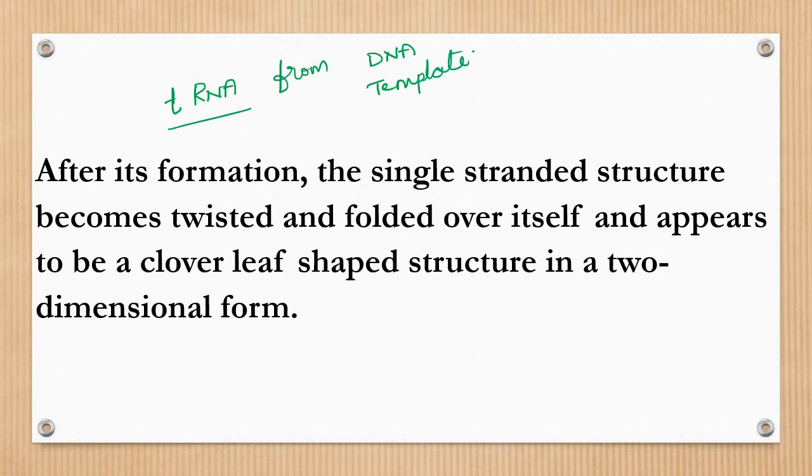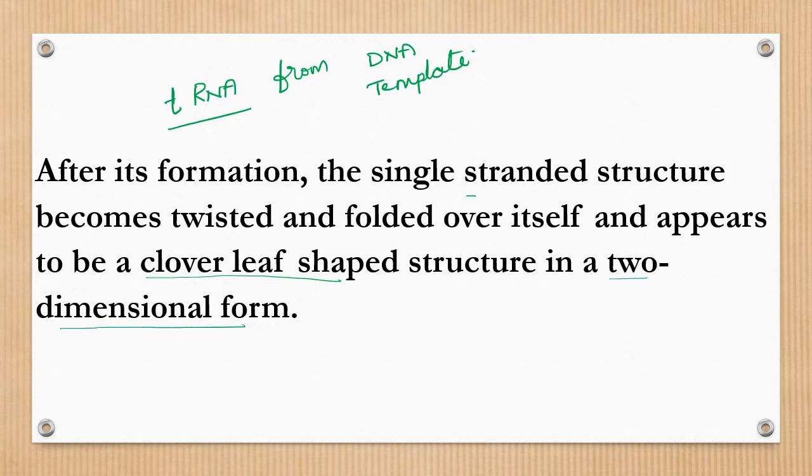So after tRNA formation, this single stranded structure twists and folds over itself and appears as a clover leaf shaped structure. This clover leaf structure appears in two-dimensional form.